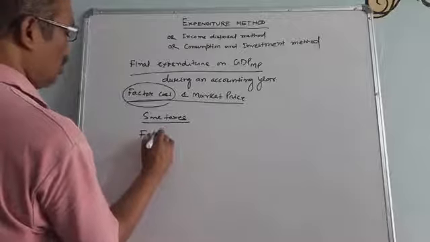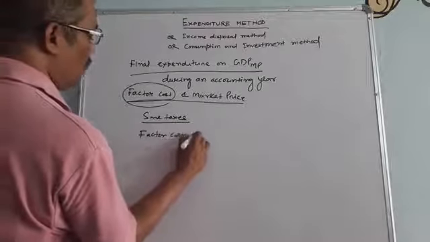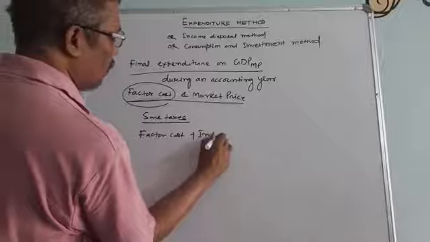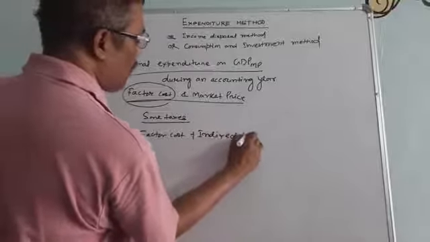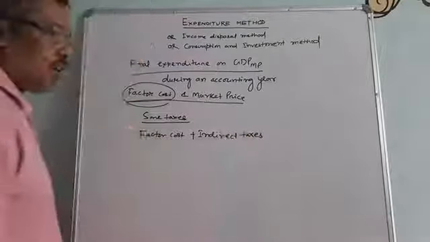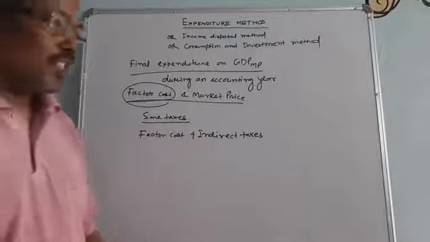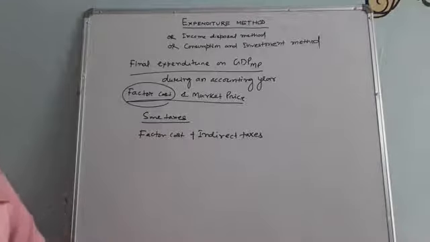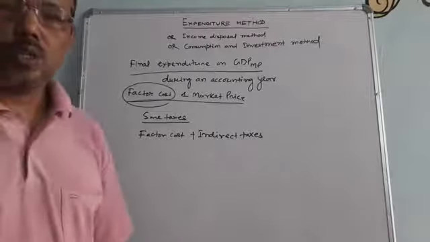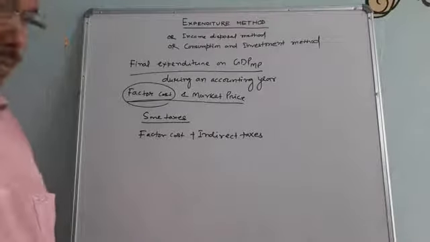So factor cost plus indirect taxes. Sometimes the government also gives subsidies.